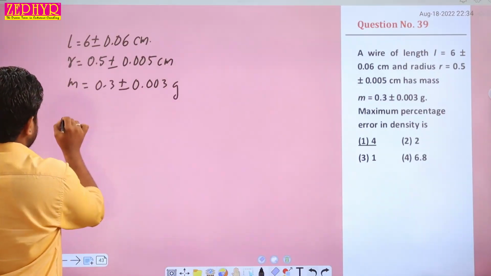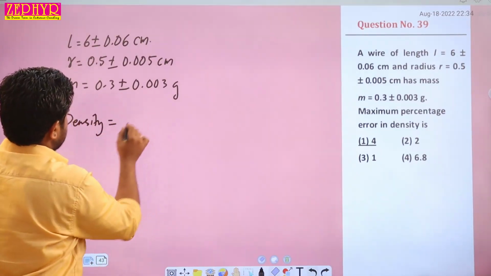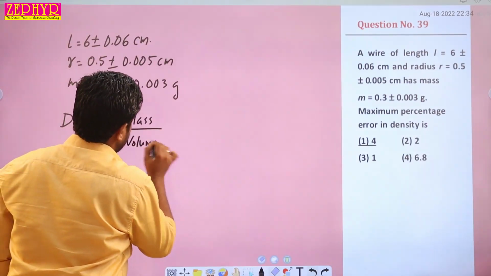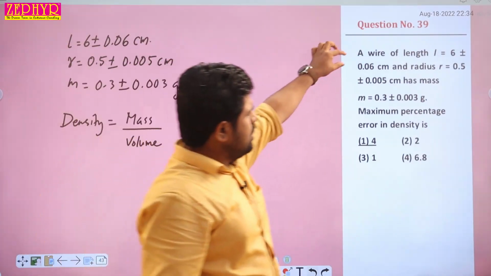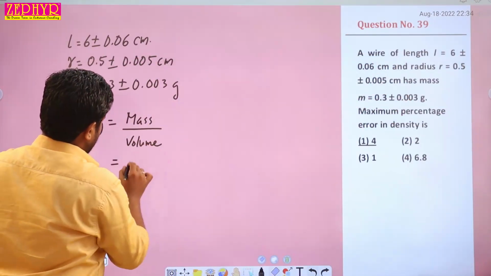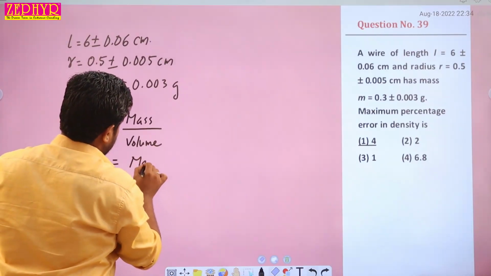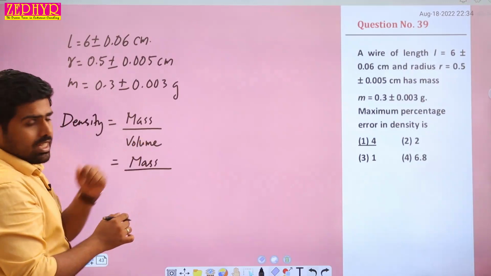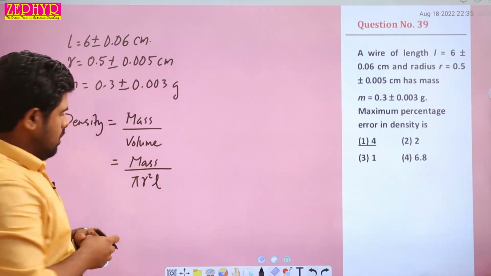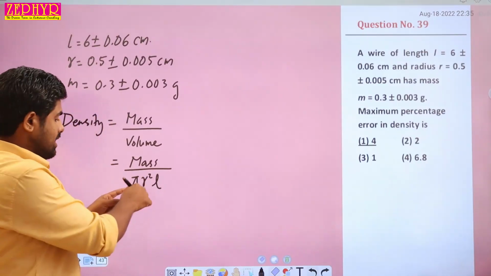So what is density? Density is equal to mass divided by volume. Here the material is a wire, so the volume of the wire is equal to pi r square L, the volume of the cylinder.